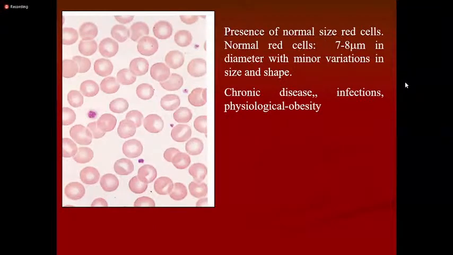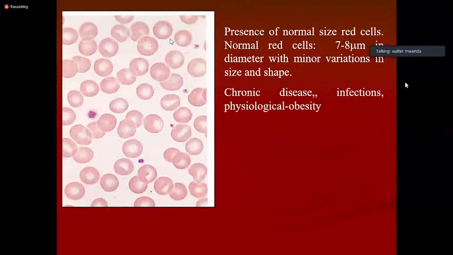A normocytic picture is usually a cell of normal size, 7 to 8 microns in diameter. Of course, there may be minor variation, as you can see from this picture.